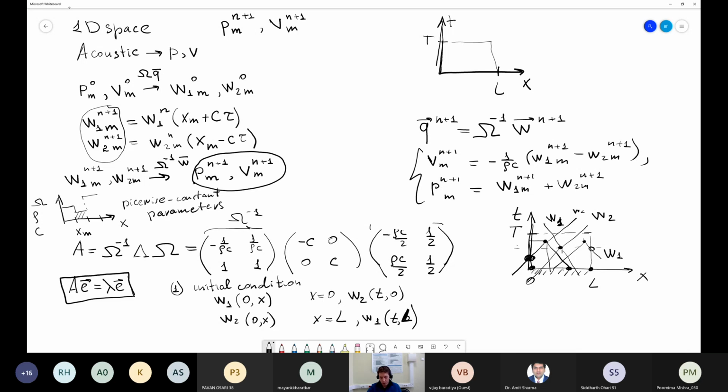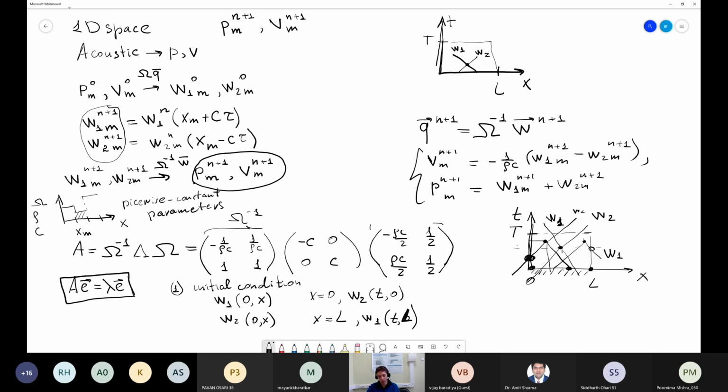What we want to understand: this is valid for some internal point when we can calculate the value of which one? W2 and W1.